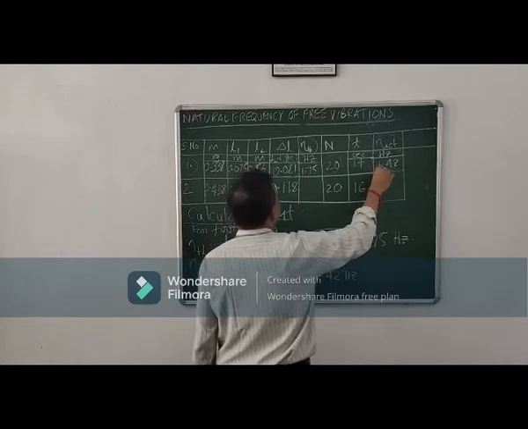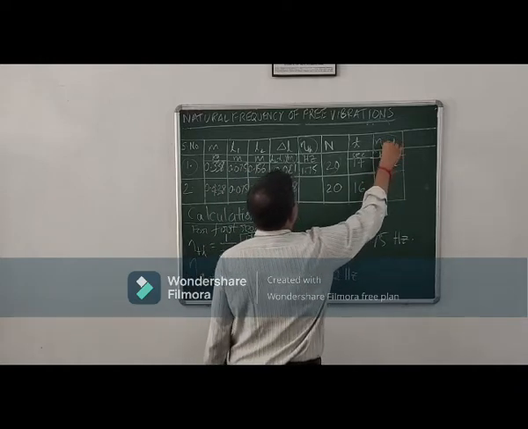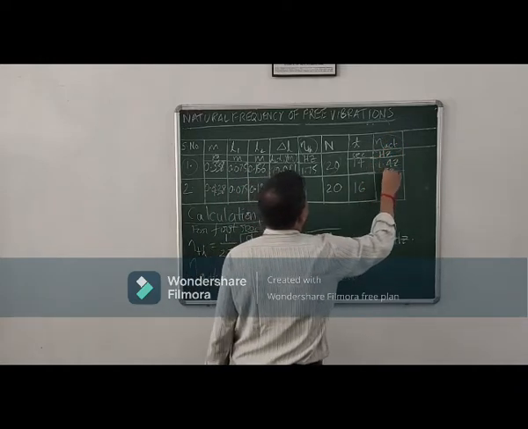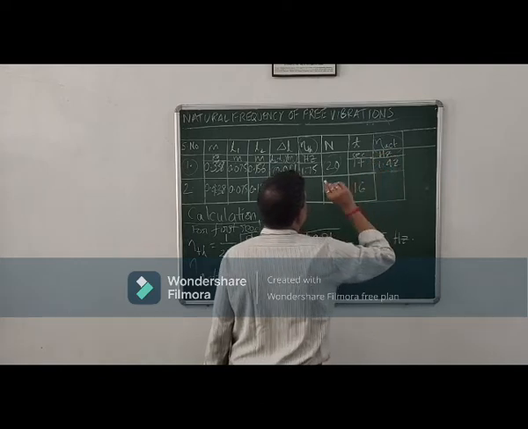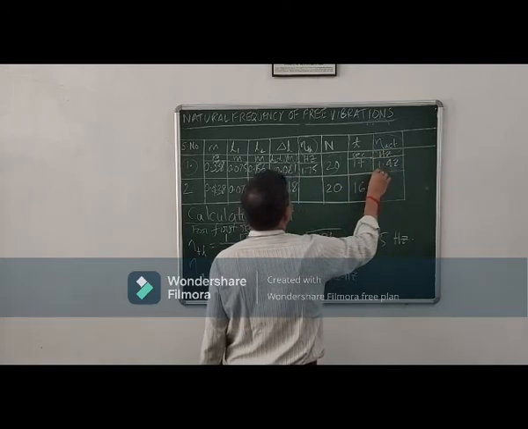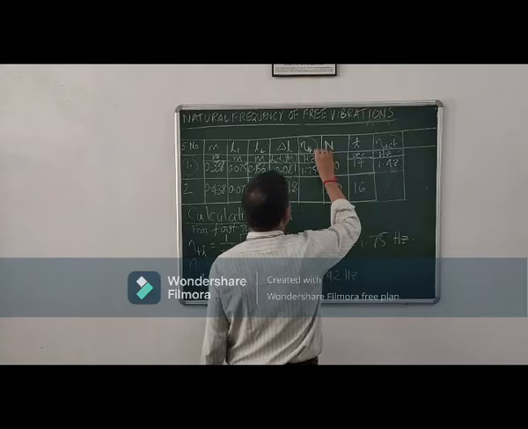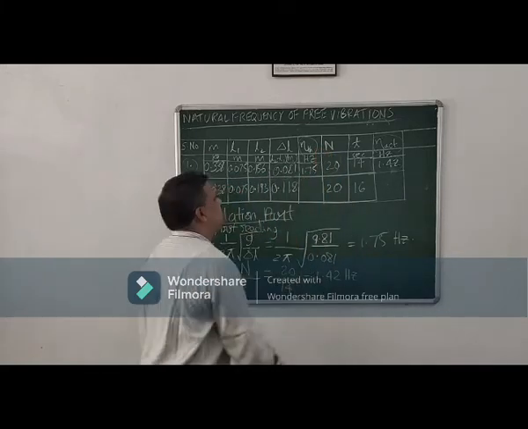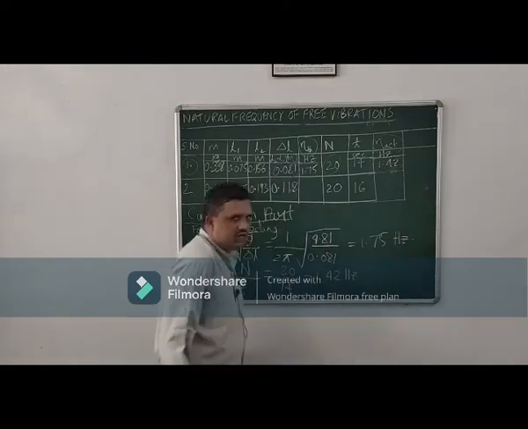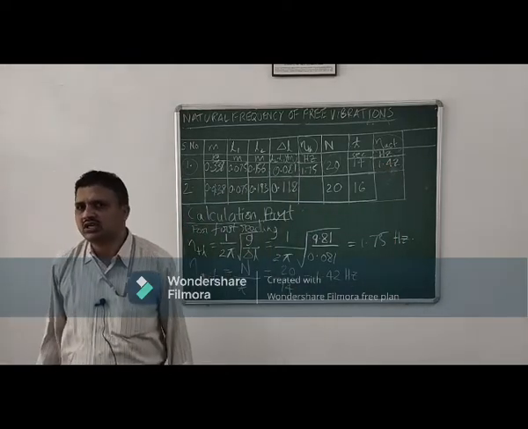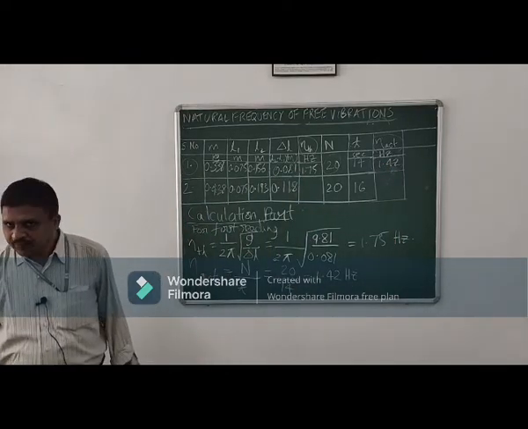So by experimental demonstration, we find the actual natural frequency is less than the theoretical natural frequency. This type of reading we will obtain once we calculate with the corresponding formula.